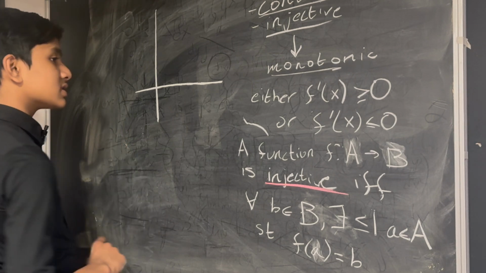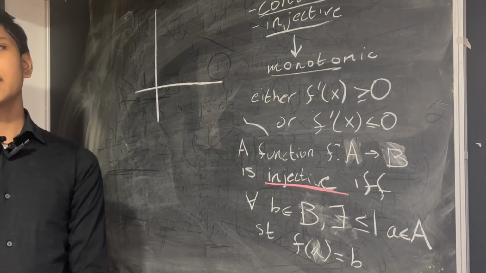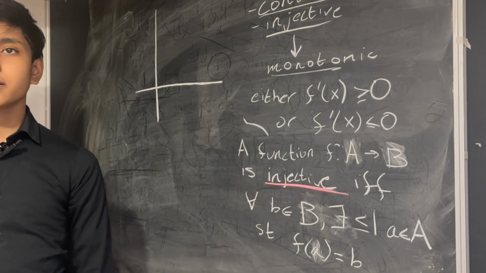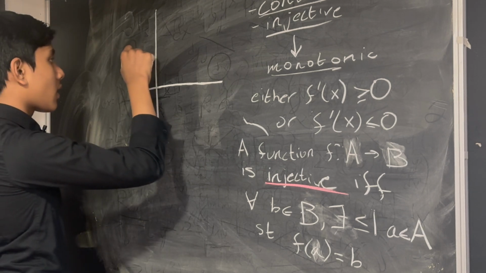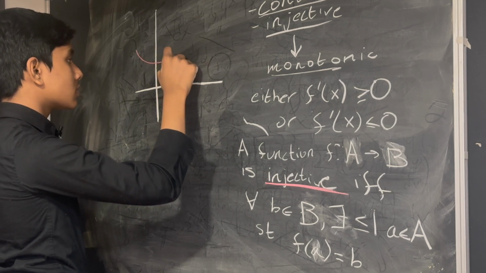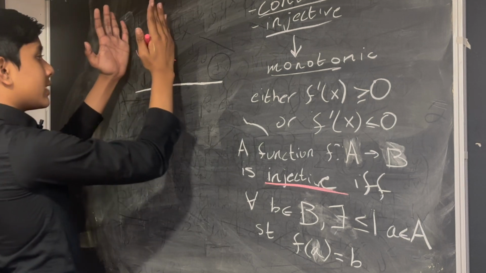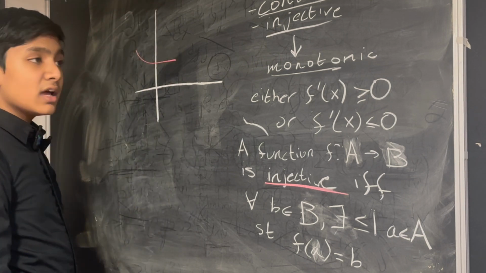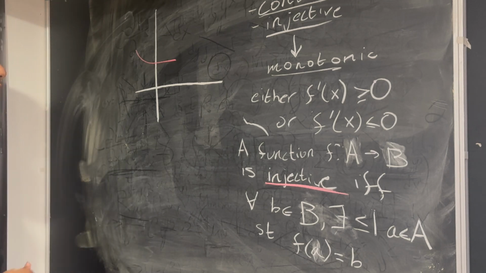Well, I'm going to draw something that is continuous and supposedly injective, but not monotonic. Okay? So here's our graph, and over this interval, let's say it's monotonic. For any graph, you can find some small interval over which it's monotonic.